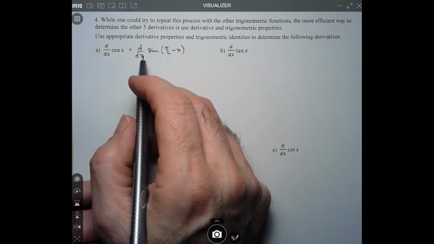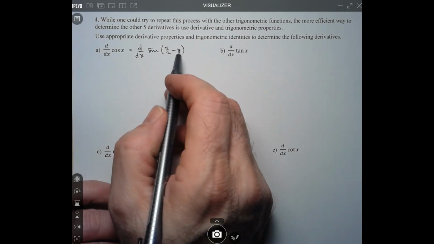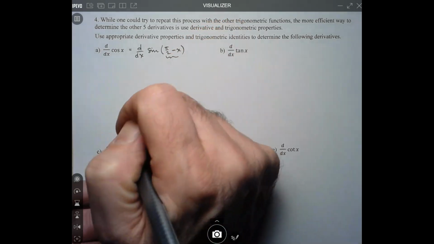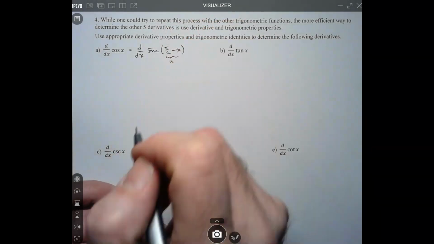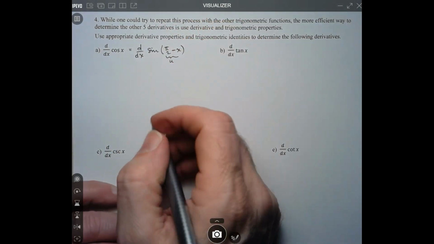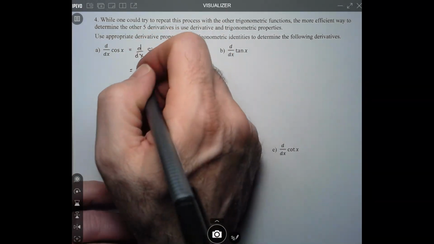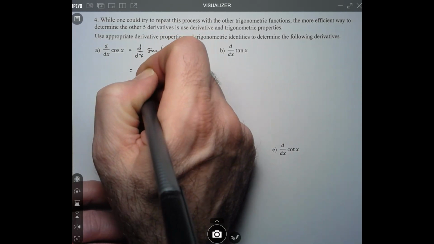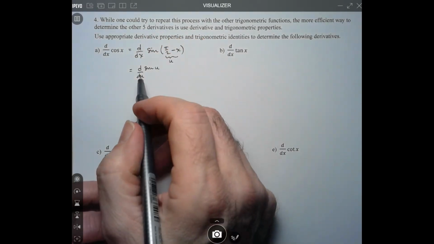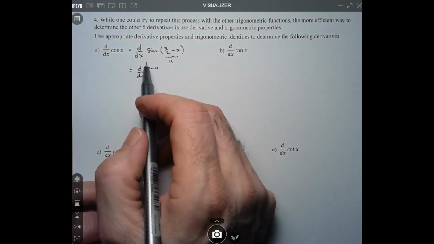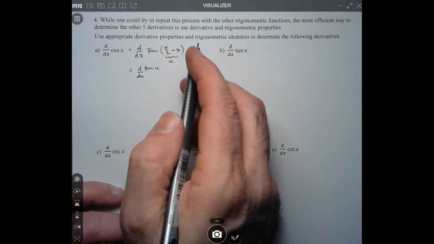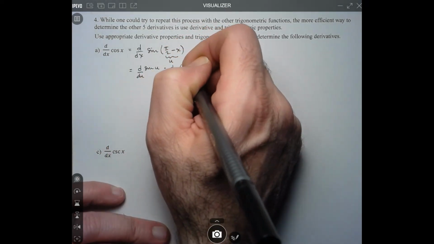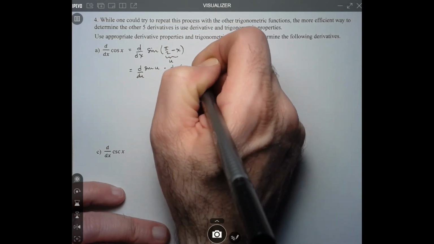And now, lo and behold, we can use the chain rule to find this derivative, because this function here becomes my u. First I'm going to take the derivative of sine of u with respect to u. I'm just using my chain rule here. I'm taking the derivative of the outside function, and then I'm going to multiply it by the derivative of my inside function.